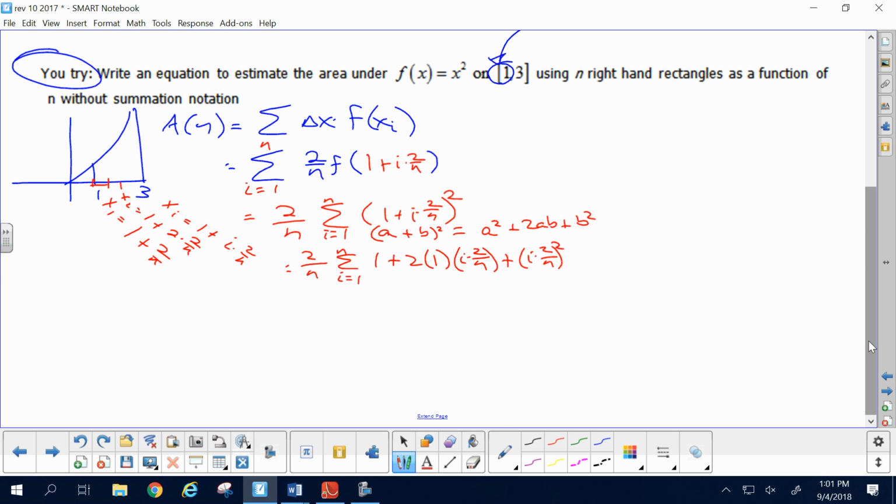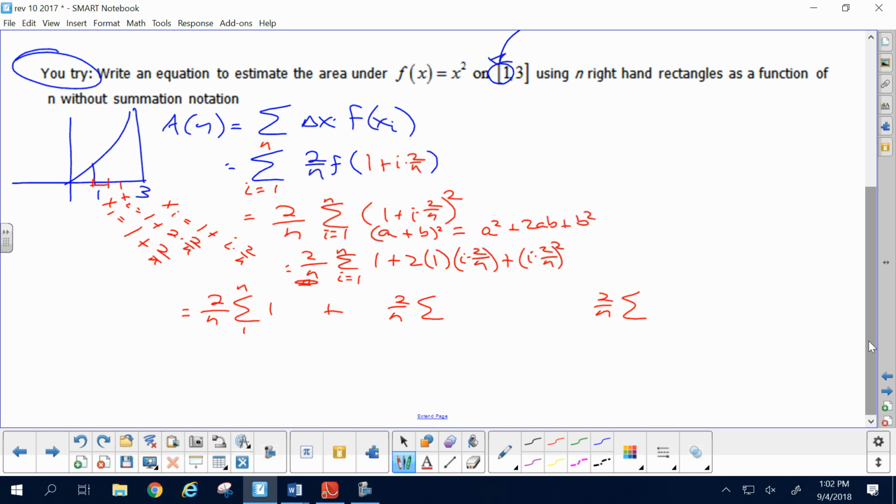All right. Now I'm going to break this into 1, 2, 3 different summations. Each one will have a 2 over n out front of it. The first one will be the sum of all the ones. The second one will be the sum of all the 4 over n times i's.